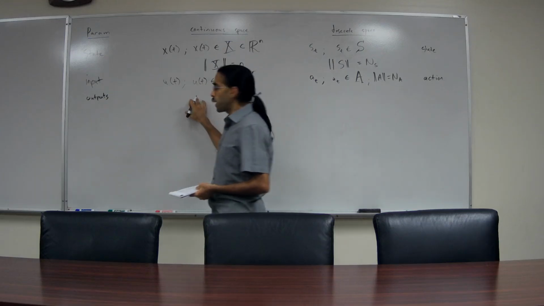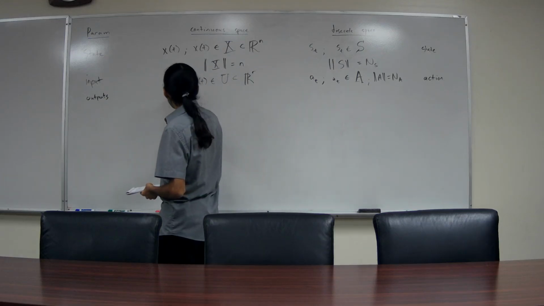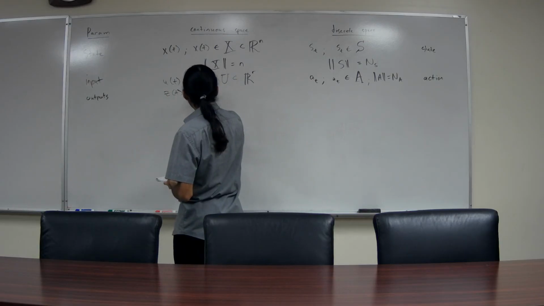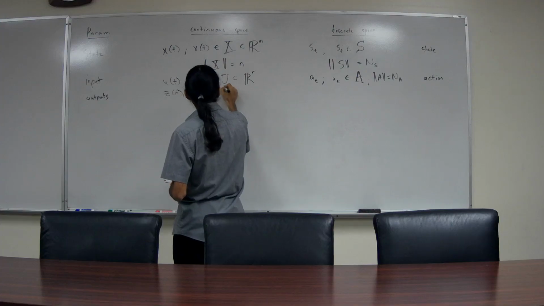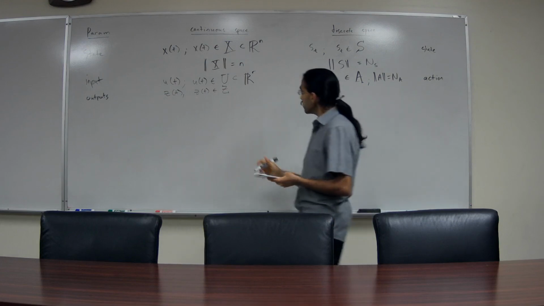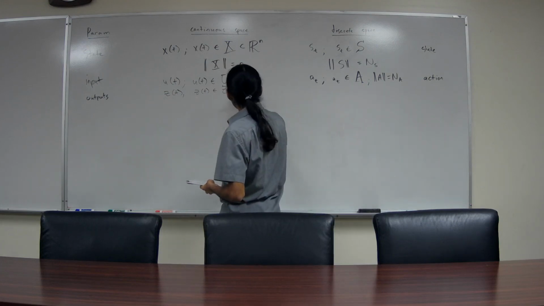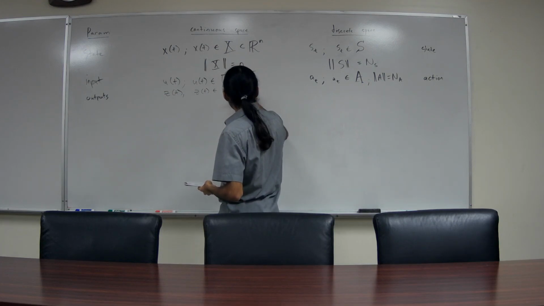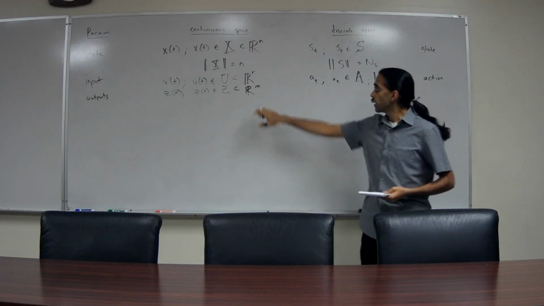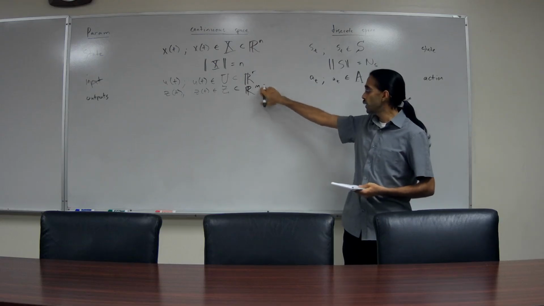In our continuous space, we have our function z of t. We can give our z of t some output space, which is a subset of some other dimensionality of real values. We're going to give this a size n.